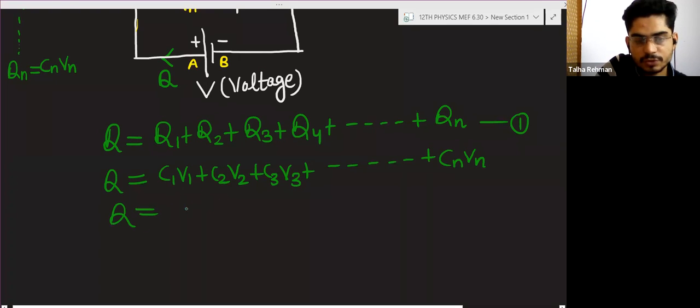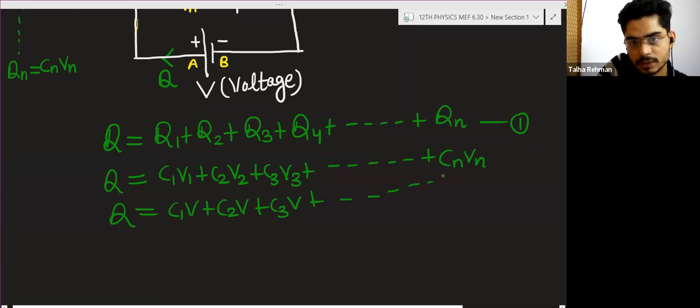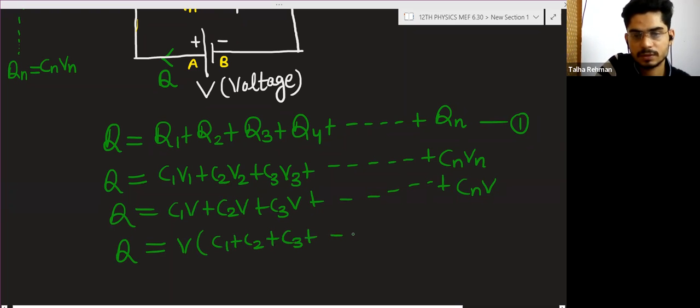Here V1, V2, V3 are all V. I can write C1 V, C2 V, C3 V plus Cn V. This is Q. I am taking V common. This will become V times C1 plus C2 plus C3 plus Cn.